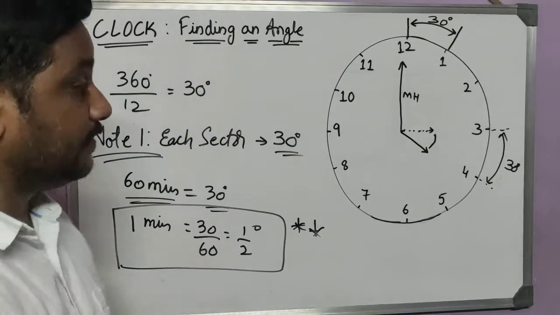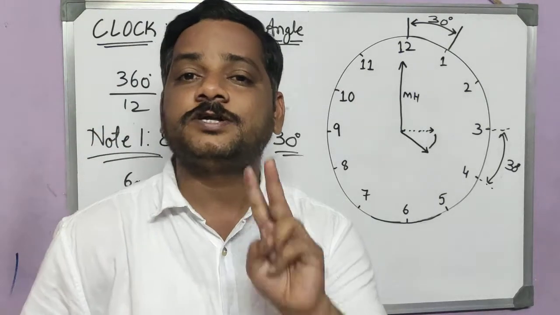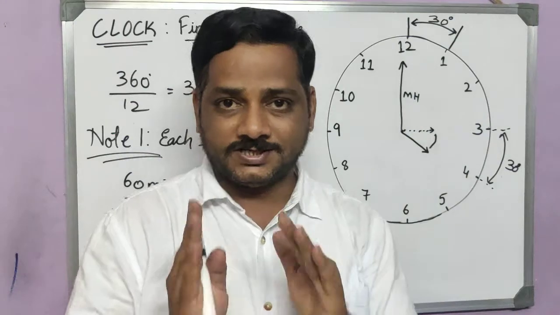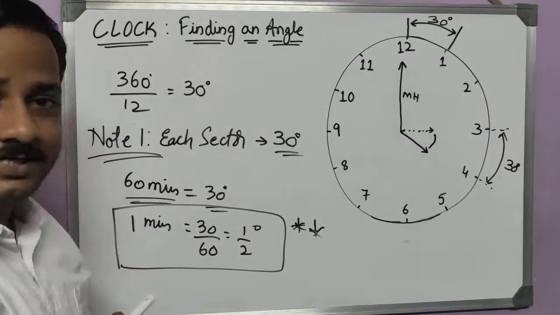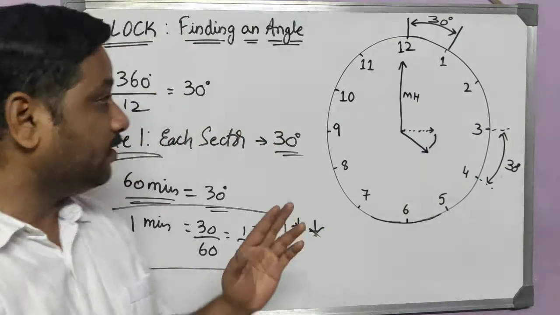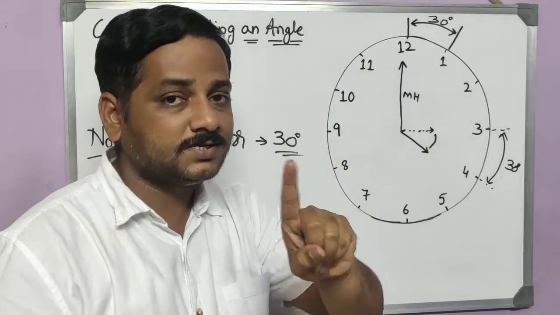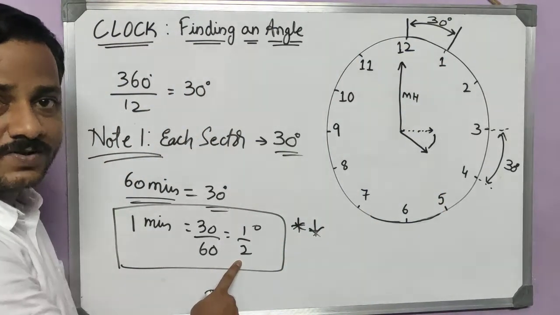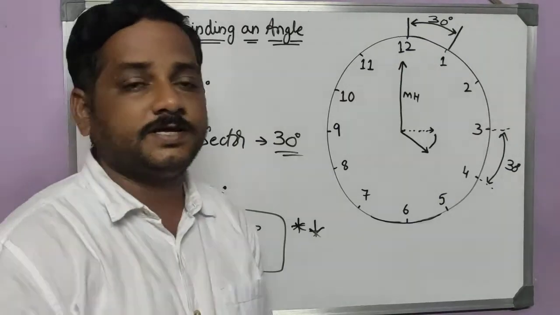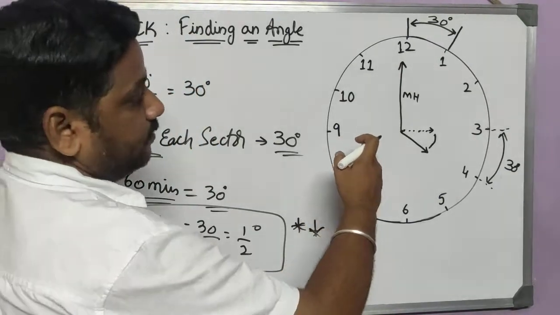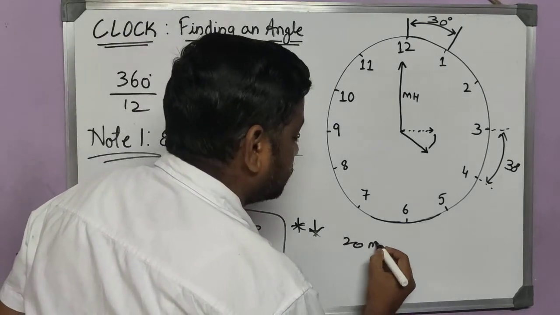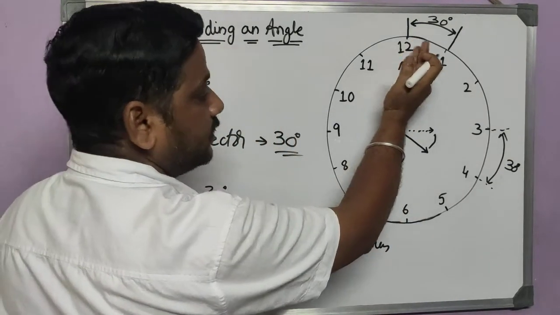Okay, so I'll make it very clear. Two important notes we need to consider: each sector will have 30 degrees, and if the minute hand moves for 1 minute, the hour hand will just move by half a degree. So for example, say the minute hand moves for 20 minutes, moving from 12 to 4.